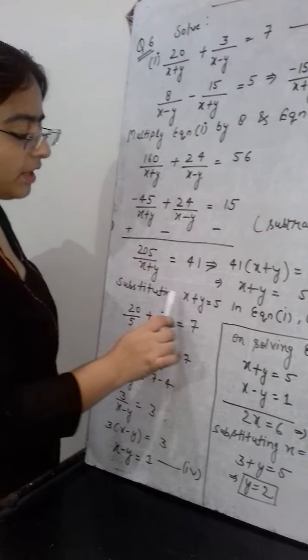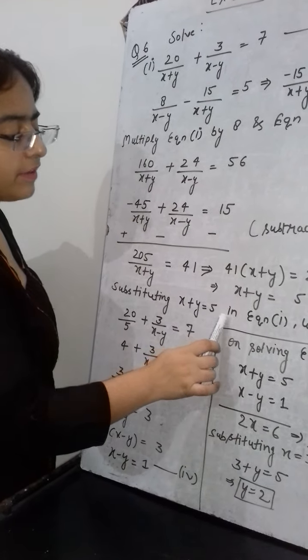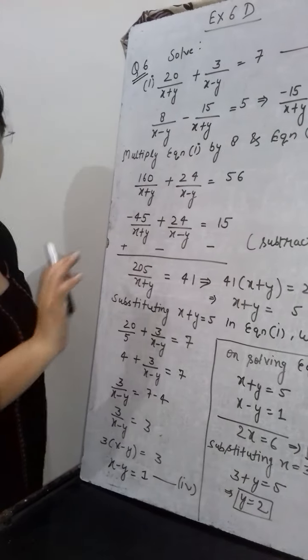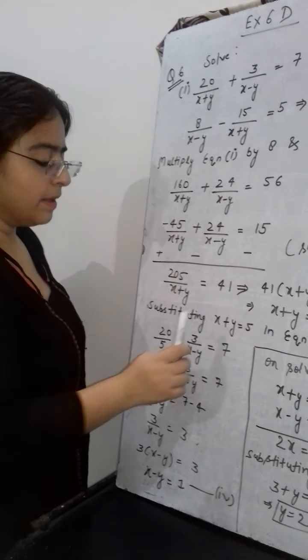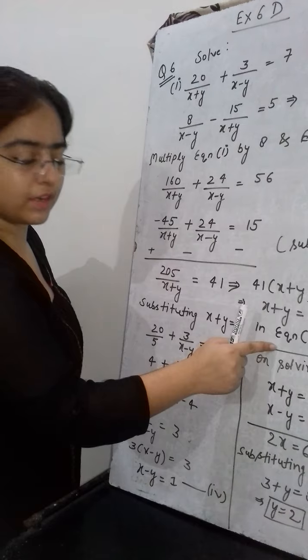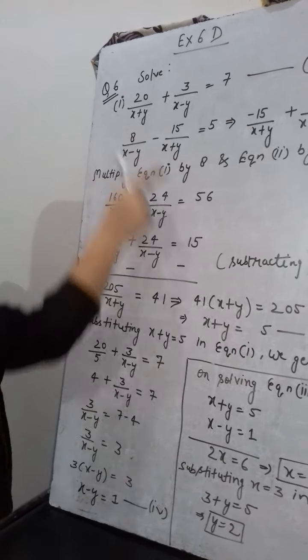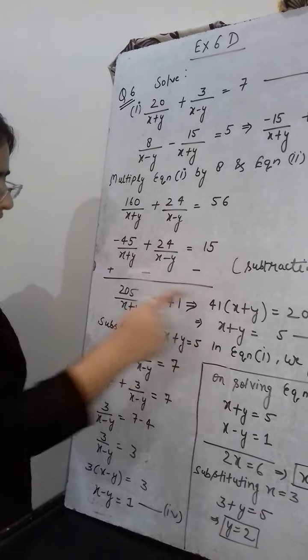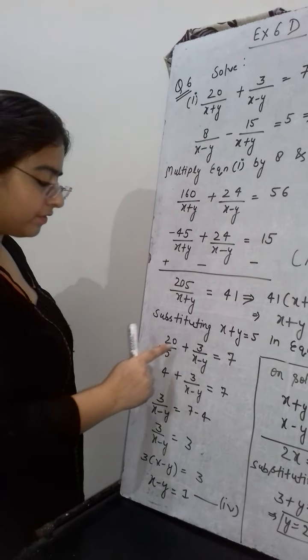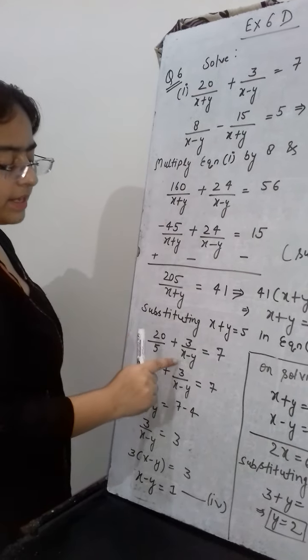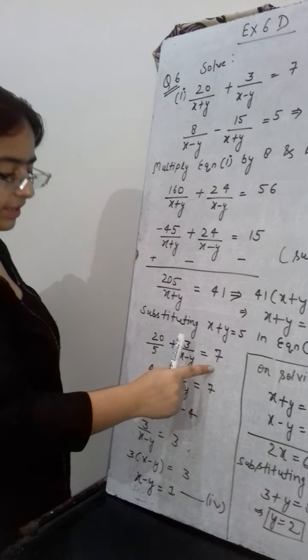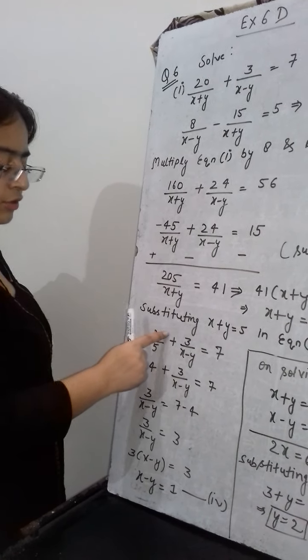Now we will substitute x plus y equals 5 in equation number 1 or equation number 2. We can substitute in any, but we are substituting in equation number 1. So finally we get 20 upon x plus y was here and the value of x plus y is 5. So we will get 20 upon 5 plus 3 upon x minus y equal to 7. On solving we get 5 fours are 20.